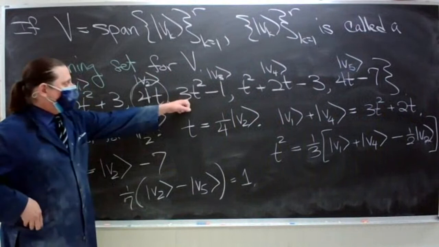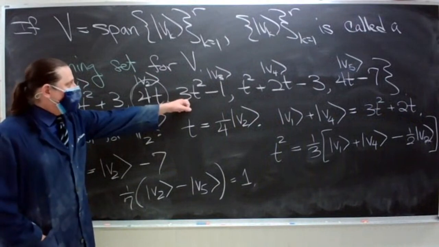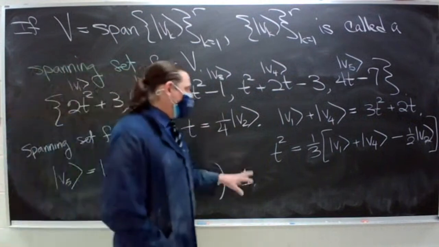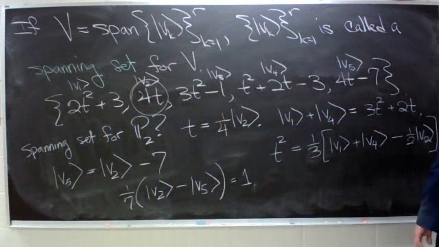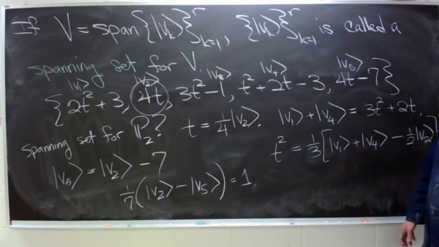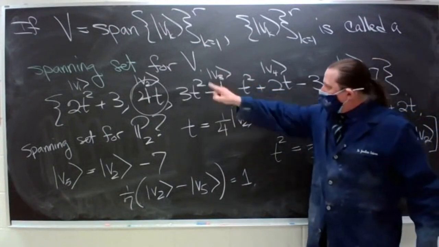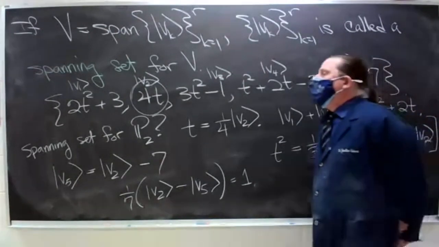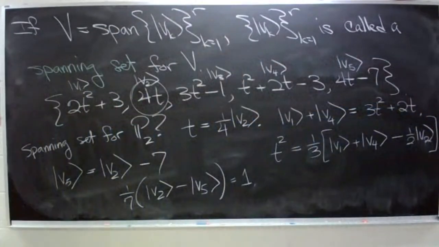We haven't used 3. But clearly we can get v3 in terms of these other ones. So we've got some interesting relationship here. There's a way to write v3 in terms of the other vectors. Stated another way, v3 is already in the span of those vectors.